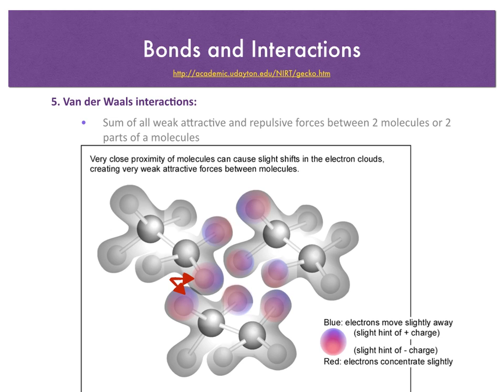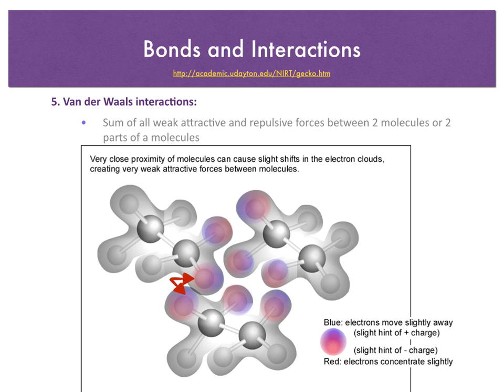So here you see you have a partial positive charge represented in blue, and that is in contact with a partial negative charge represented in red, and each individual interaction is relatively weak, but the sum of all the many interactions together, along with the complementarity of shape of the molecules, will make a pretty strong interaction.